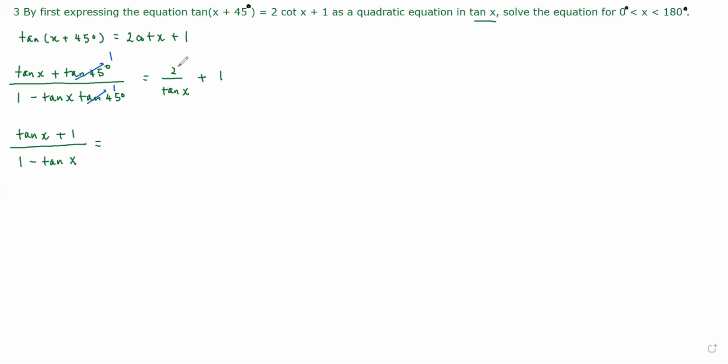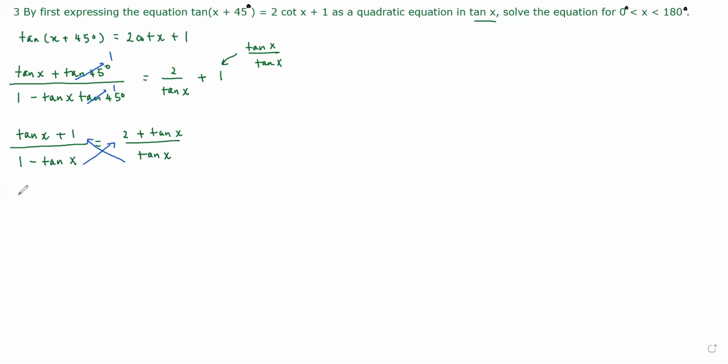On the right side, we have 2 over tangent x plus 1. So this 1 here can be written as tangent x over tangent x. Then we have a common denominator, and the right side is now 2 plus tangent x over tangent x. We now cross multiply.